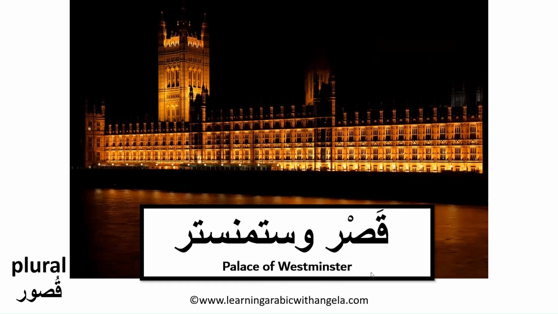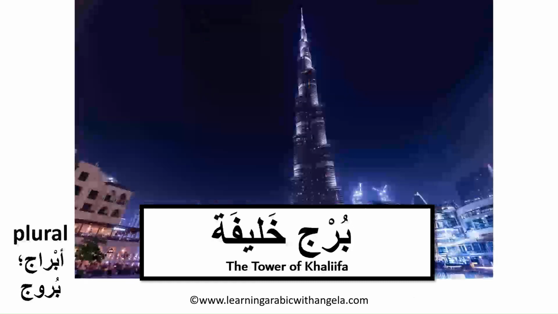The Palace of Westminster. And the plural of قصر is قصور, the broken plural. برج is a tower. For example, برج خليفة, the Tower of Khalifa. In the plural, we say أبراج أو بروج.